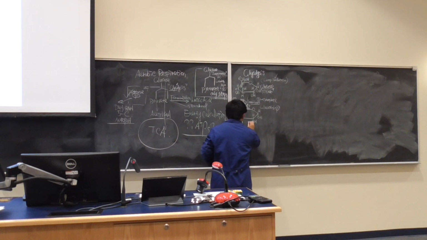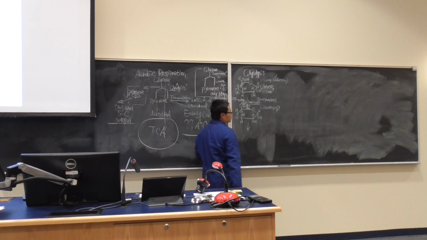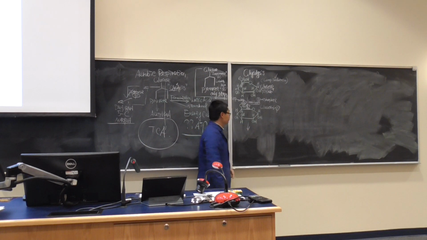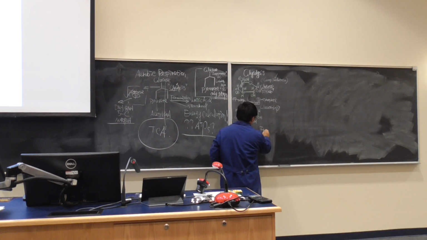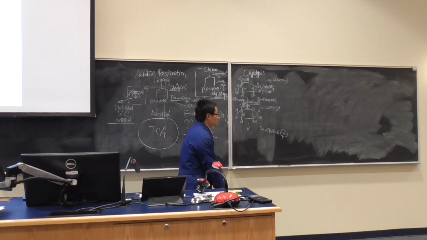Okay, now the next one. Just like that, when you see this type of structure, you're not going to use it too much. This is very stable from the chemical standpoint. So it has to become glucose 6-phosphate. What does it look like?